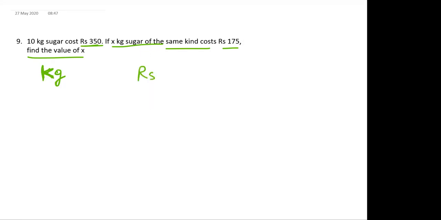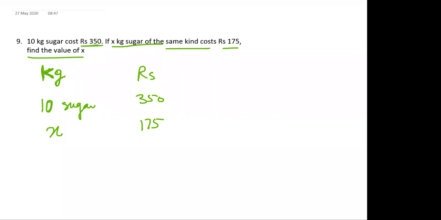Write 10 kilogram sugar cost 350 rupees. Clear? So X kilogram sugar, rupees 175. Are you okay up to here? If you are confused or in doubt, let me clear it.